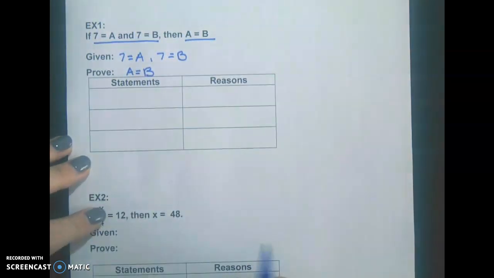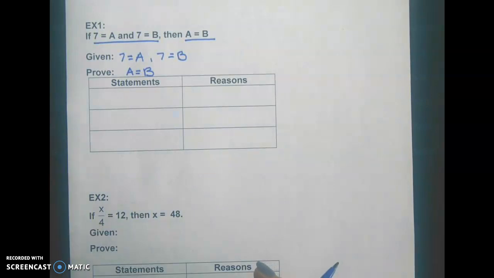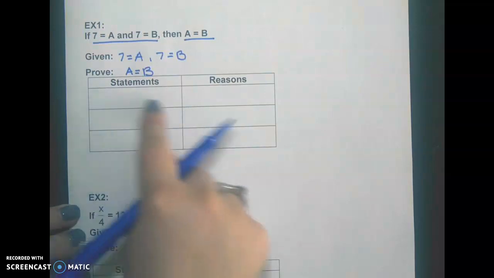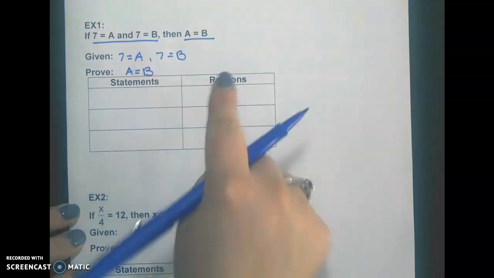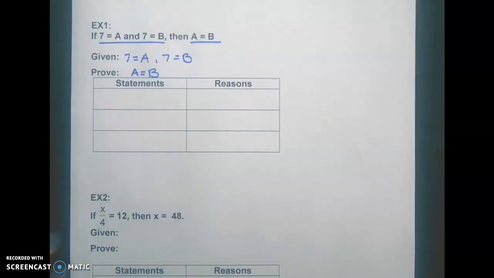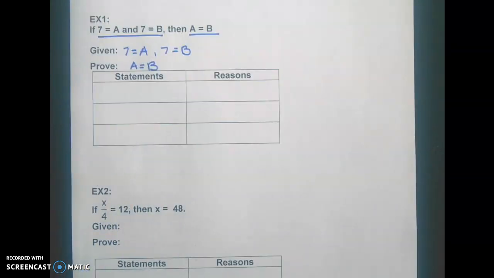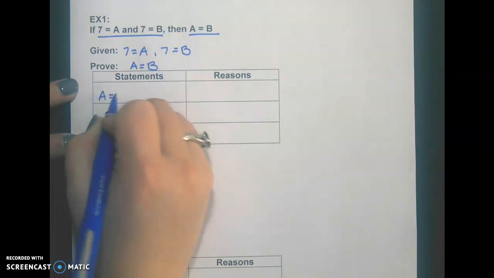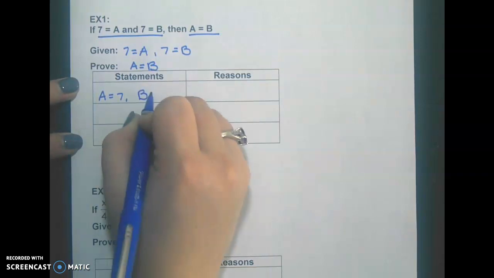So now, again, we are doing what are called two-column proofs. What I'm going to do is put my statement, what I can assume or prove, and I'm going to give my reason, what property I can use to verify that I can do that according to our laws of math. So starting at the very first spot, I'm going to say that A is equal to 7 and B is equal to 7.